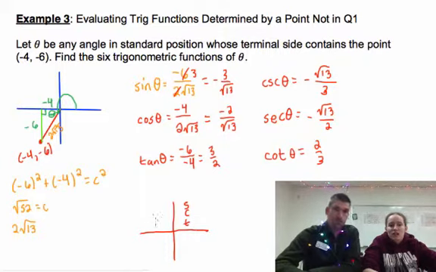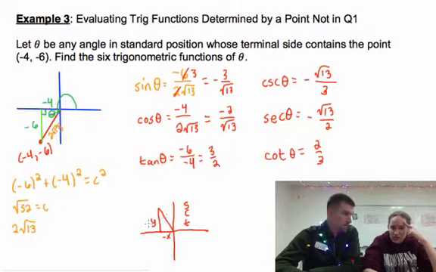Here in the second quadrant, if we think about what's going on with a triangle, we have a negative for our x and a positive for our y, for a point that's over here. So sine, which is y over our hypotenuse, is positive.